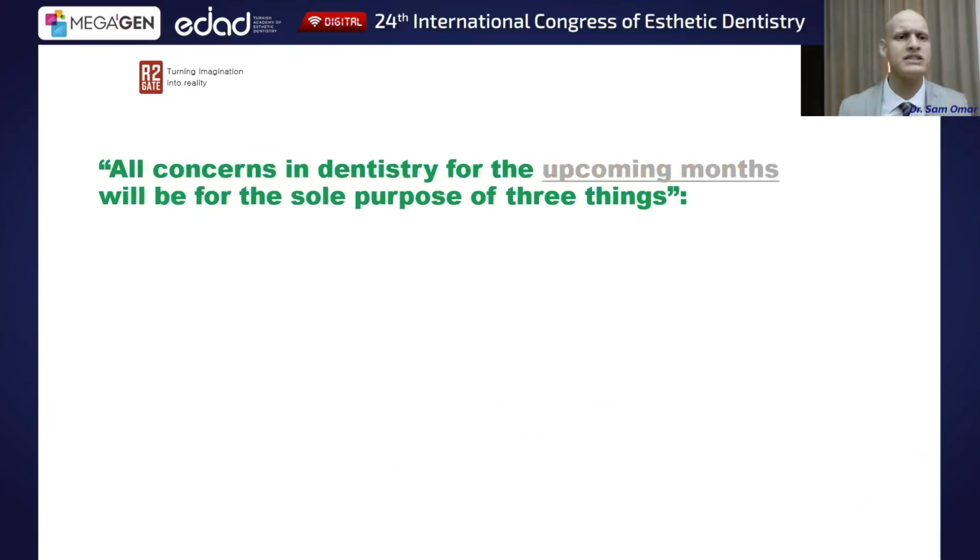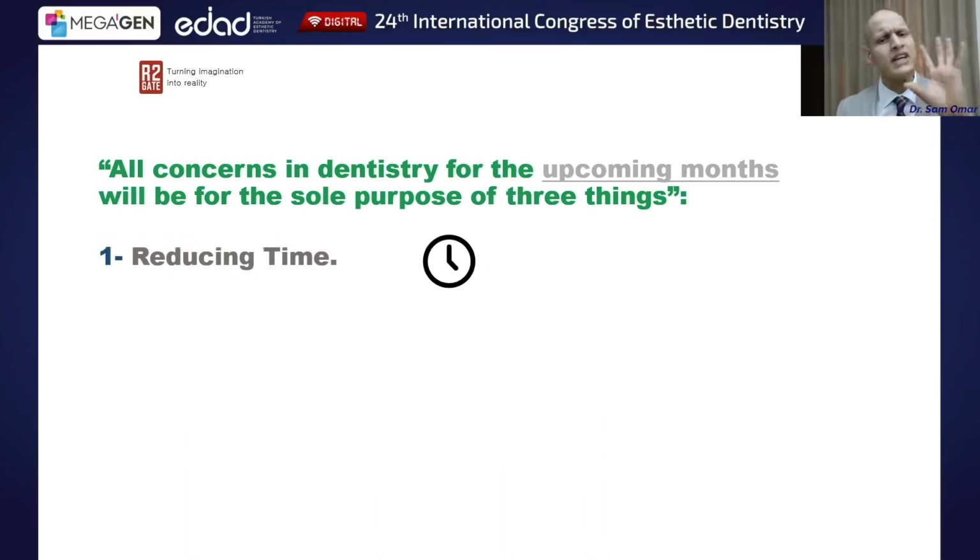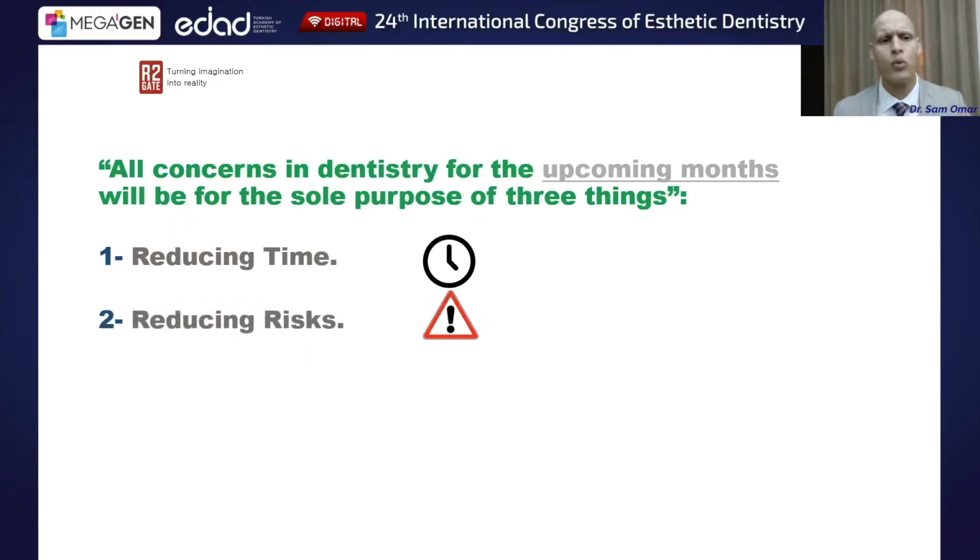On the other hand, with what we have right now, with the global pandemic and these global crises that we went through the past few months, all the priorities have completely shifted, except for one, which is reducing time. Time will always be the most valuable asset, and we'll always try to find ways to reduce time. Number 2, one of the most important things right now is reducing risk.